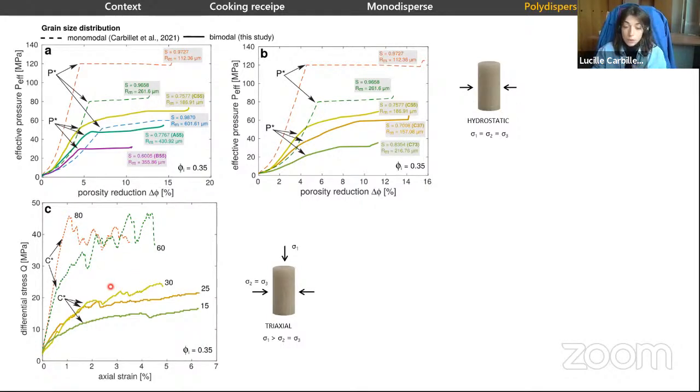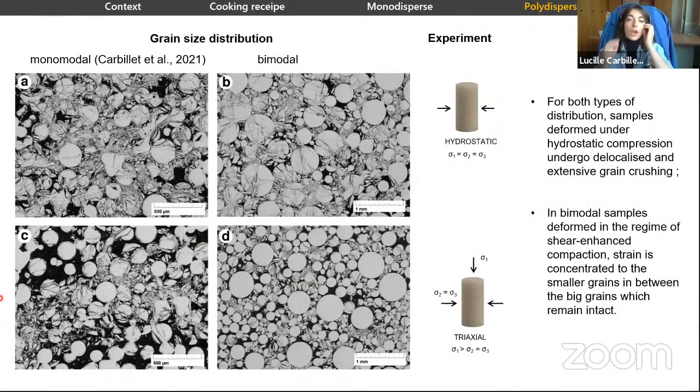So we want to look into the microstructure to see whether we see these deformation features or not. Regarding the hydrostatic experiments, for both types of distributions, we see delocalized deformation with extensive grain crushing in the rocks, and we can't really tell a difference between the failure modes of monomodal and bimodal.